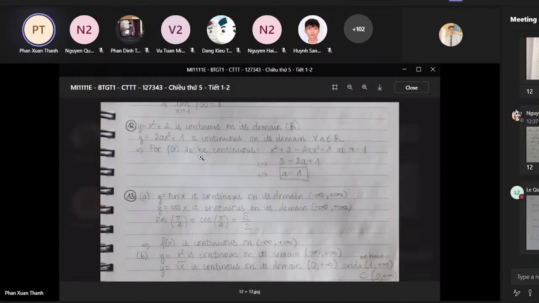This is not a correct solution, because you have to find the left-hand limit and the right-hand limit of the function f. This is not a correct solution for exercise 12, because maybe the left-hand limit is not equal to the function value at x equal to 1. So it's not a good idea to write x squared plus 2 equal to ax to the power 3 plus 1.